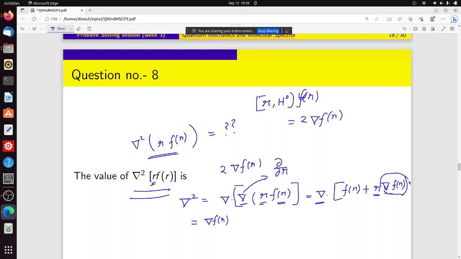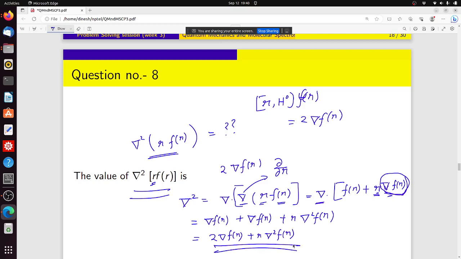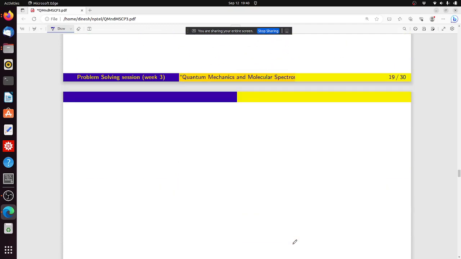First operating on r, it will give 1, so only del f of r remains. Now operating on the second, it will give r del square f of r. So effectively it will give me 2 del f of r plus r del square f of r. So this is the right answer. Good.